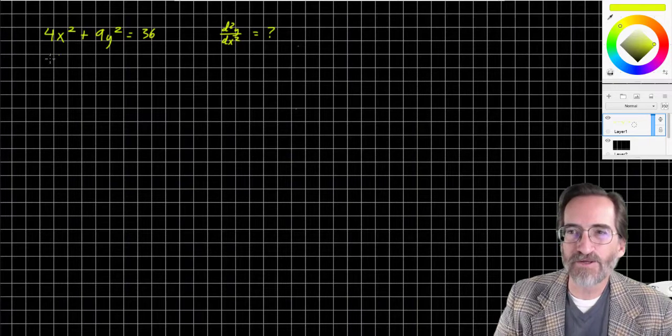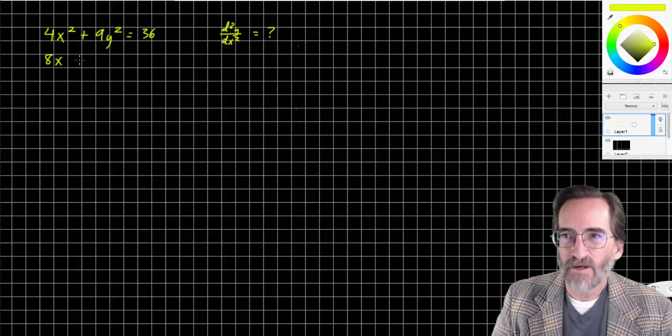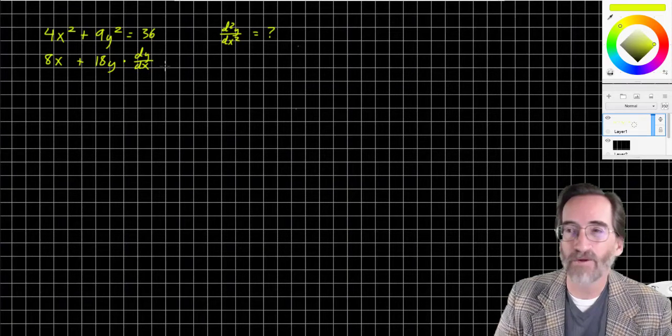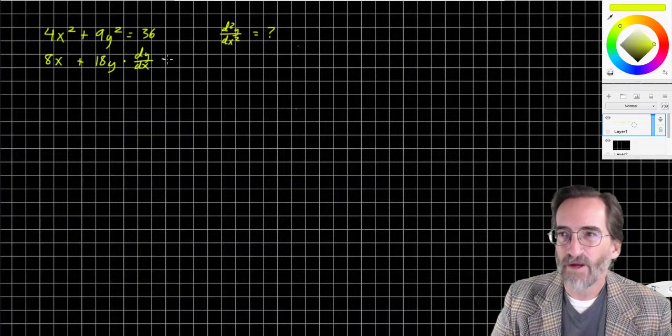So we're going to implicitly differentiate on x. The derivative of 4x squared is 8x. The derivative of 9y squared is 18y, but y is a function of x, so we're going to multiply by the derivative of y with respect to x using the chain rule. The derivative of a constant is 0.